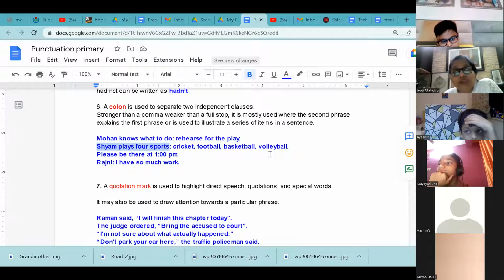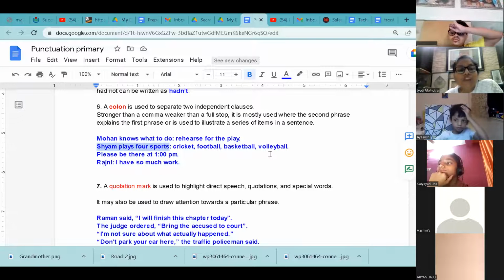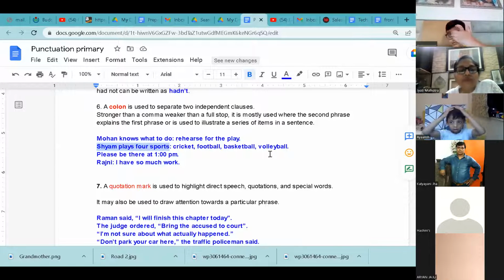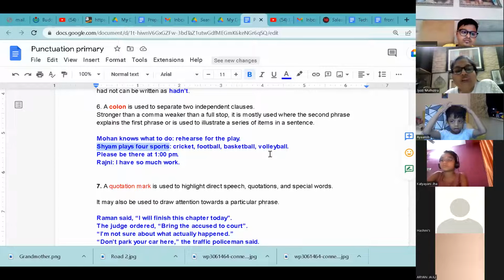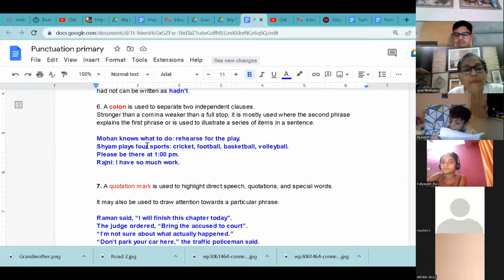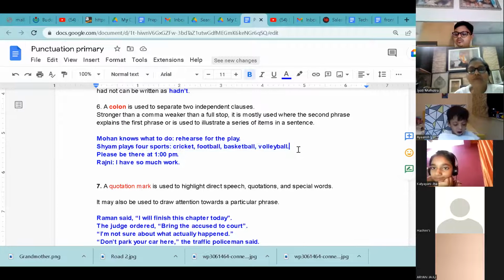So instead of making use of two sentences in this manner, I just use a colon mark and say, Shyam plays 4 sports: cricket, football, basketball, volleyball. Now this sentence is complete in itself. It's an independent clause. What follows after that is a series of items. You can consider them to be the 4 examples of the 4 sports that Shyam plays. Okay.